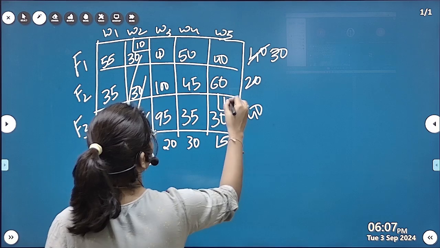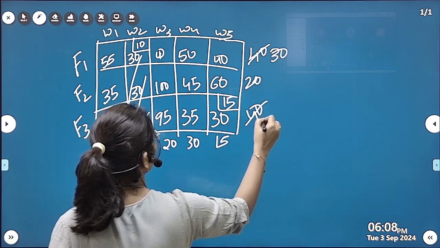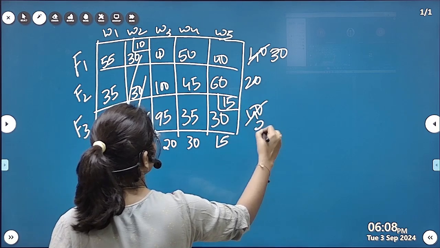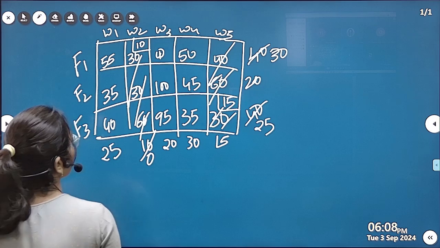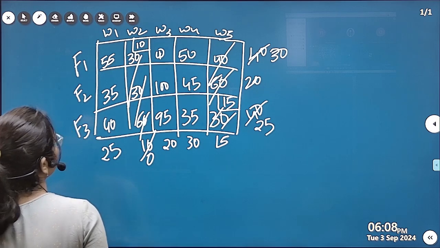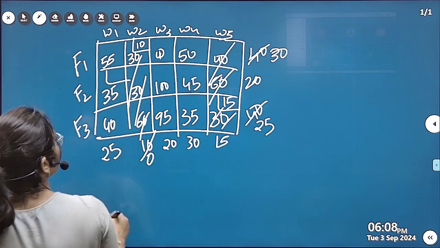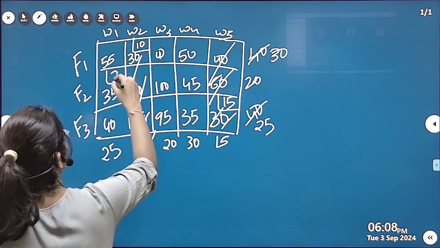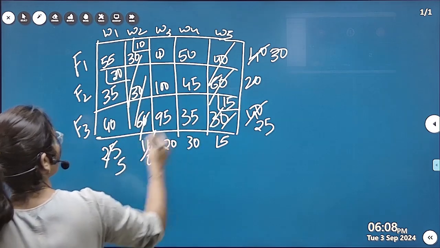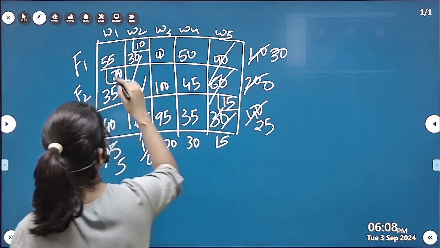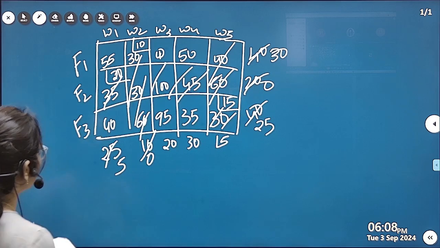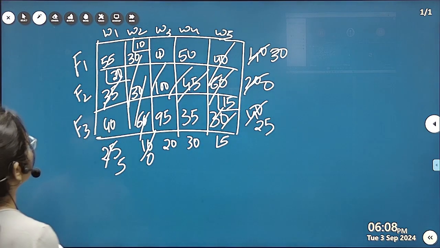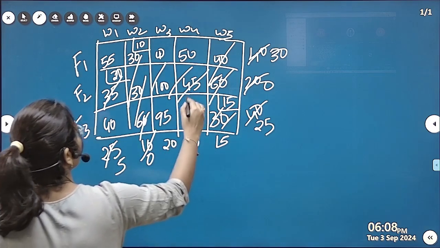So this 15 you need to cancel. So 40 minus 15 will be 25. So scratch this. Then next least cost will be 35. Here how much is there? Only 20. So take the 20 and 5, so it will be 0. Scratch this twice.